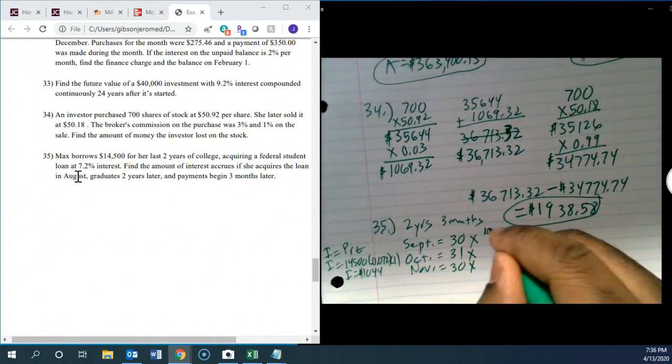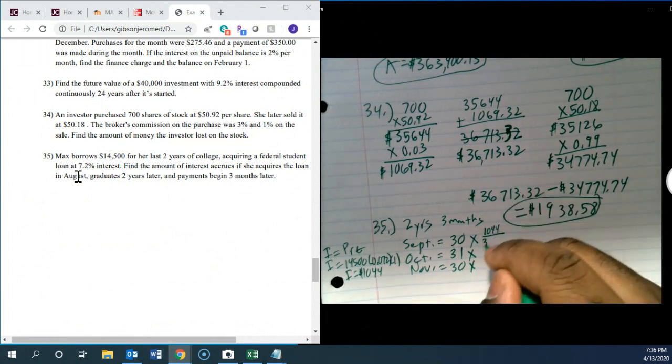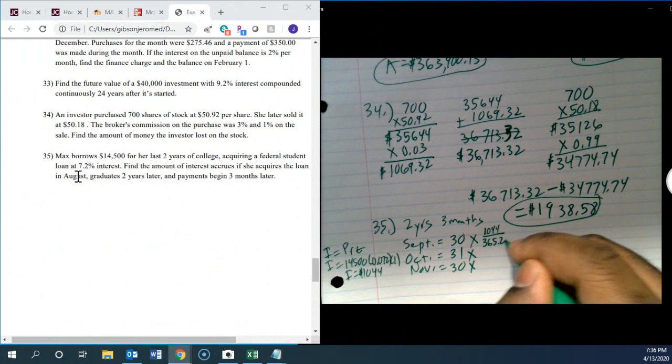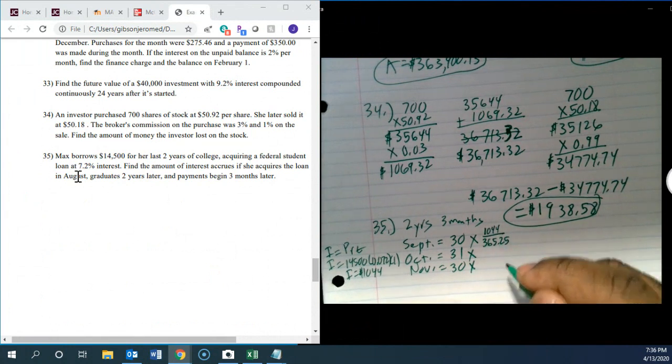So what we would end up doing, we would take each of these days a month, and we would take $1,044, which is the interest for 1 year, divided by that 365.25 that we determined earlier on. We determined this back in problem, let's see, what problem was that? I always like for us to go back.